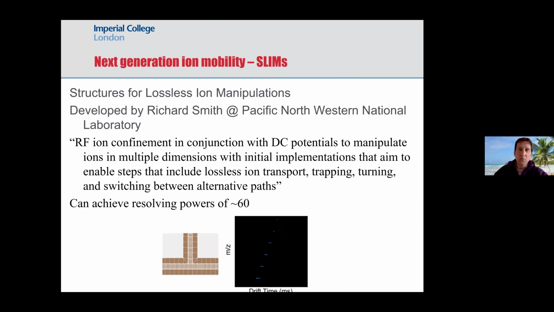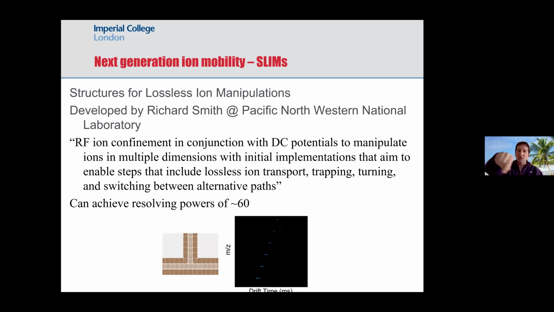Another approach, which again is just being commercialized, is SLIM, which stands for Structures for Lossless Ion Manipulations. And this has come out of Pacific Northwest National Laboratory from Dick Smith's lab. And here they're using a combination of DC potentials to trap ions on little circuits around printed boards over here.